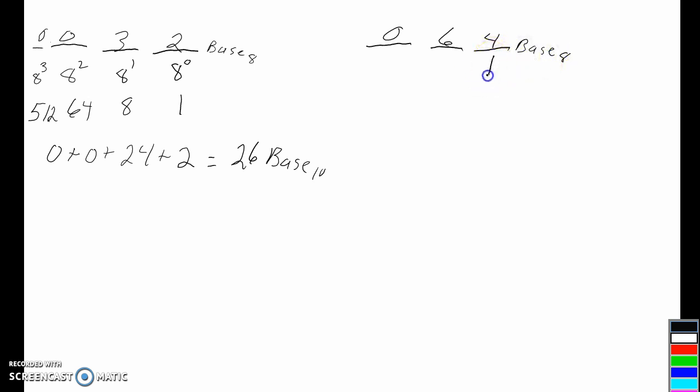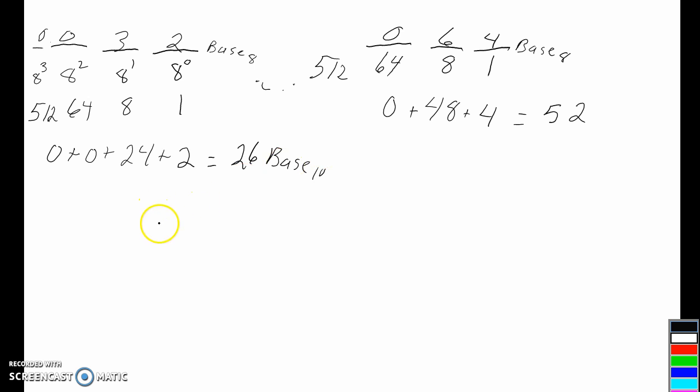Well, this is 1, this is 8, and this is 64, 512, and so forth. Okay, well 0 times 64 is 0, 6 times 8 is 48, 4 times 1 is 4, 48 and 4 gives you 52.